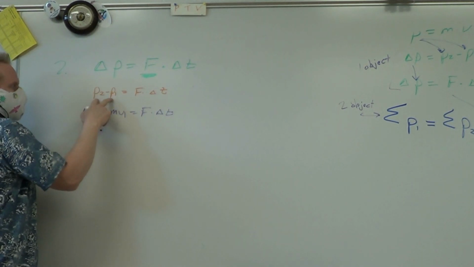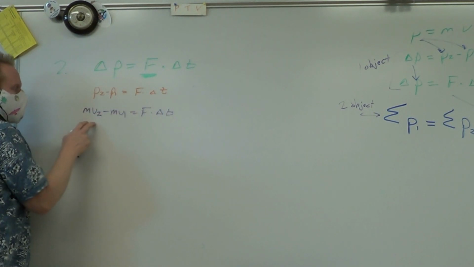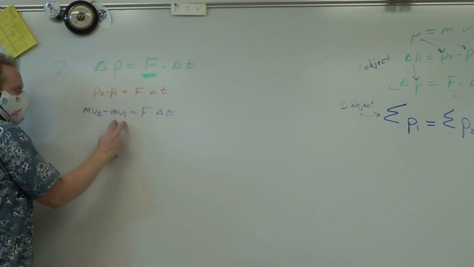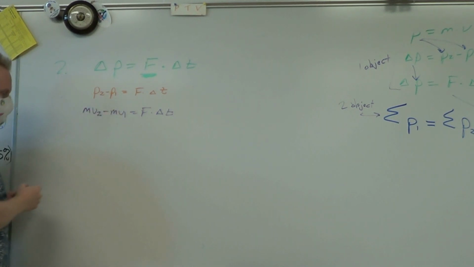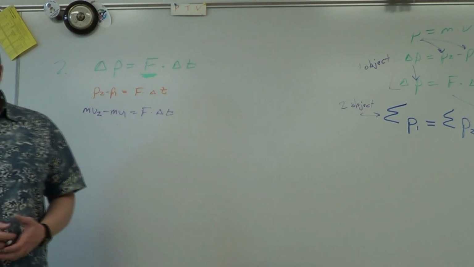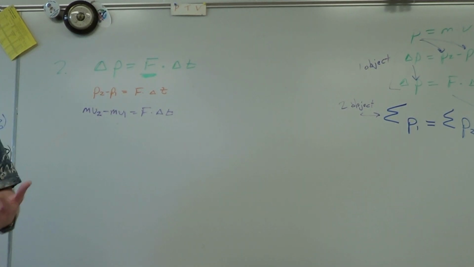So P2 minus P1 is delta P. M times V2 is P2. M times V1 is P1. That's where that is. So now we look through the problem, and it says, what is the magnitude of the average force, solving for F? 0.25 kilogram block, there's your mass. It was moving at 5 meters per second before it collided with a wall and stopped.